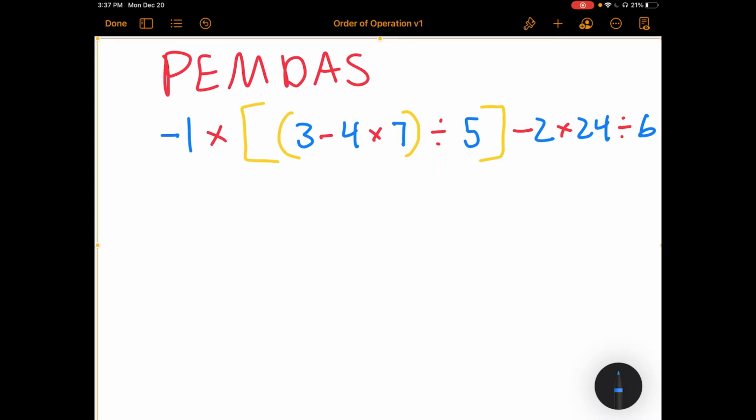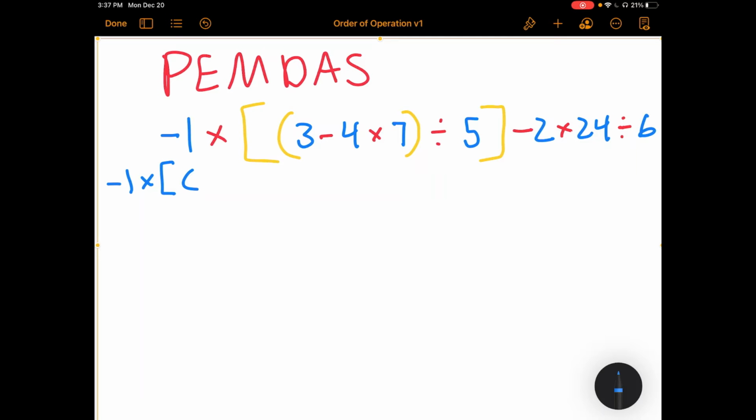So let's rewrite our equation to start. We're going to do -1 times, open bracket, open parentheses. Now we restart the order of operations. We're inside of our parentheses, check. We do not have any exponents, but now we need to do multiplication first.